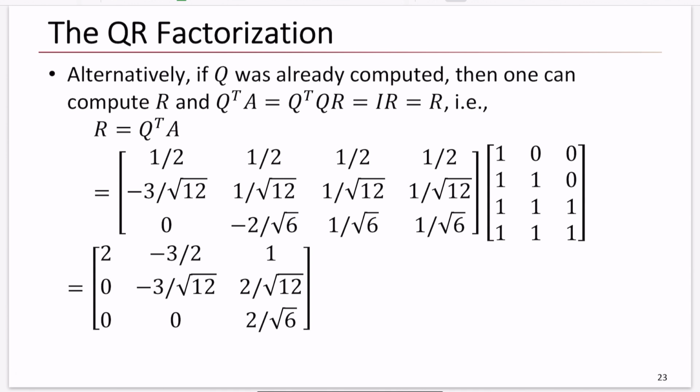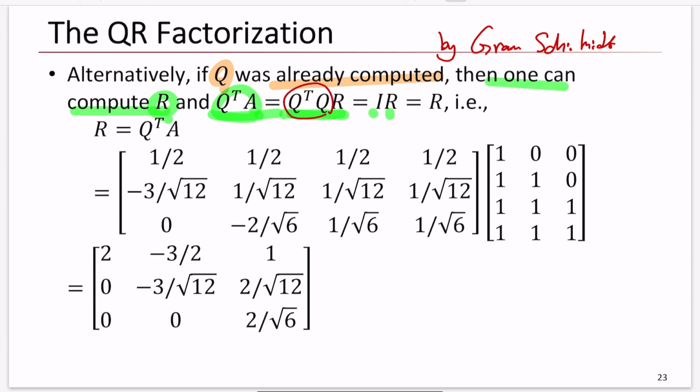Alternatively, finding Q is much easier compared to R. So if Q was already computed, or if Q can be found by the Gram-Schmidt process, then one can just compute R, because Q transpose A is equal to Q transpose QR, which is equal to I times R, because Q consists of orthogonal and normal vectors.